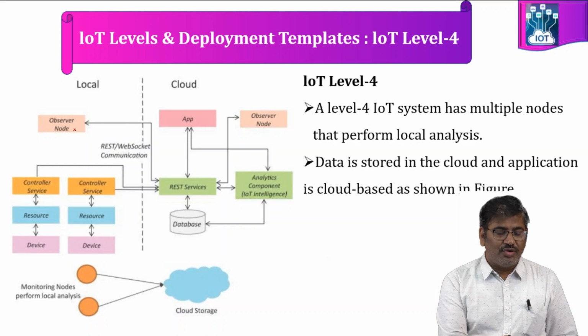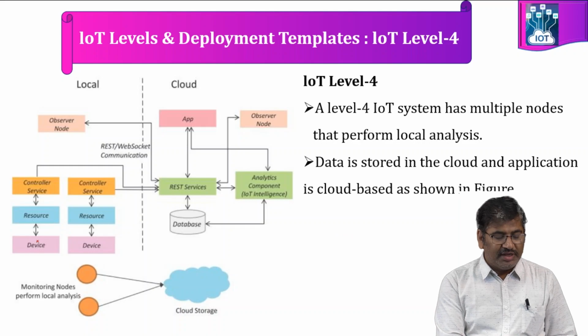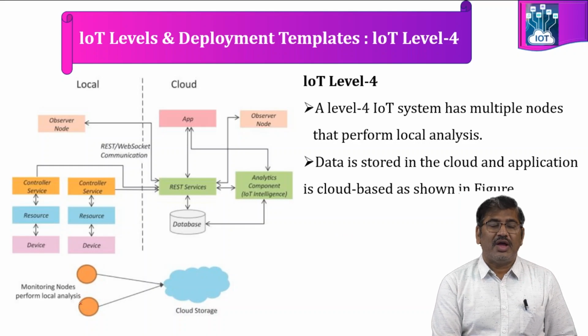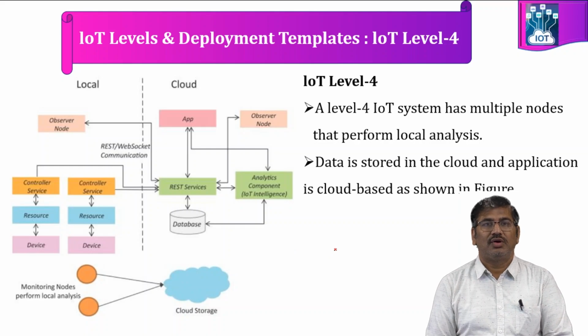Here we are going to have an observer node for analysis of the sensed data. For each and every device we may have monitor nodes which do the analysis based upon the analytics carried out in the cloud storage.